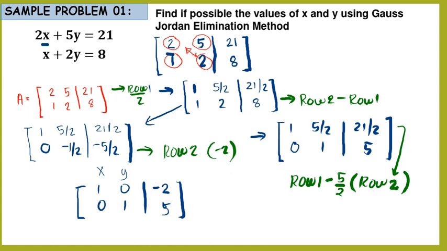So our answer now here is our x is equal to negative 2, and our y is equal to 5. So that is the values of x and y in our linear equation using Gauss-Jordan elimination.